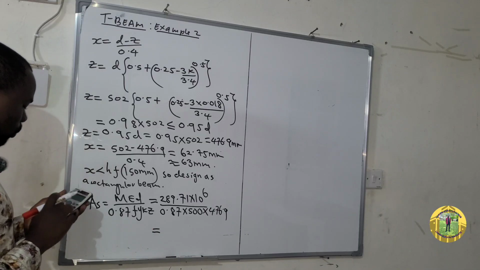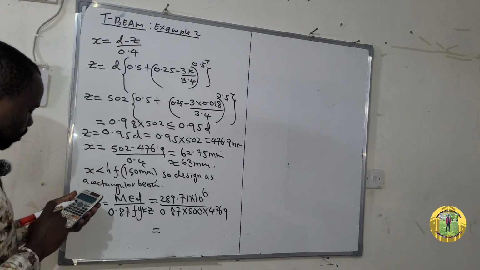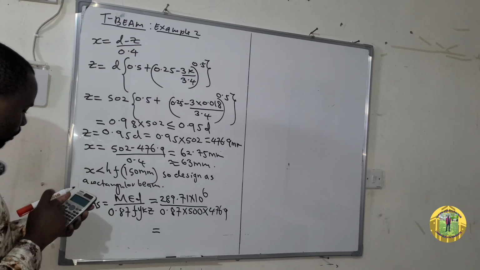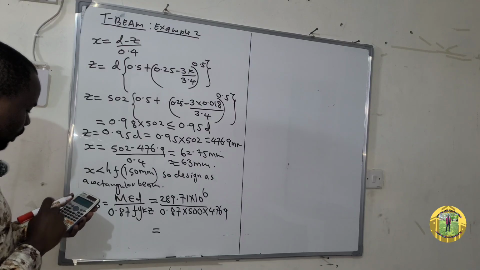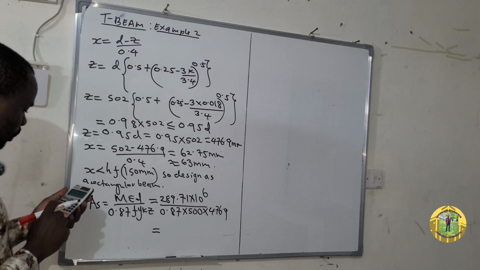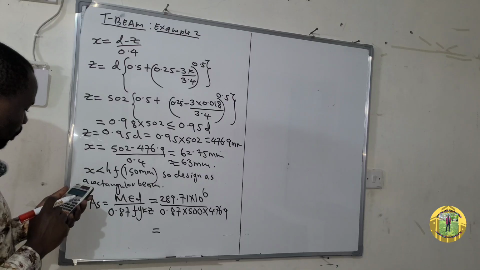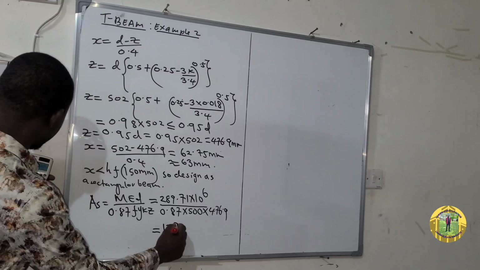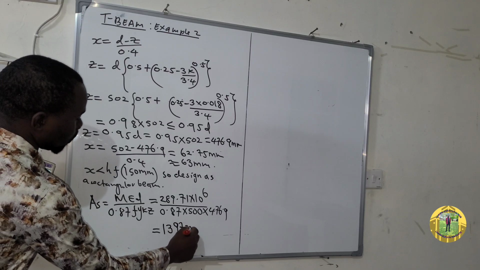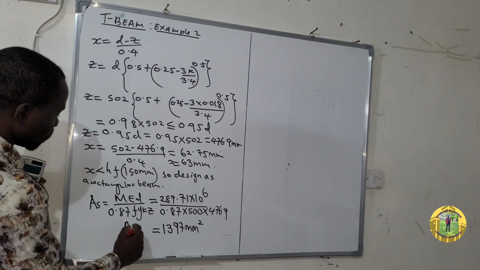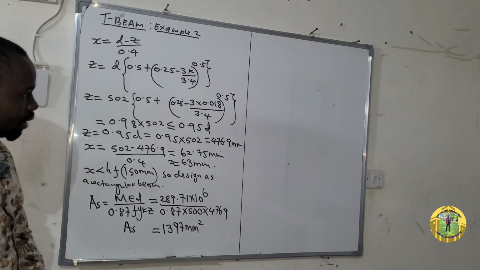So area of steel is equal to 289.71 times 10 to the power of 6 divided by 0.87 times 500 times 476.9. So this is 1397 millimeter square. So this is the area of tension reinforcement.